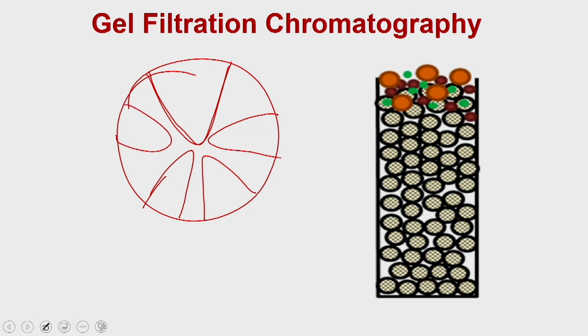Now, what will happen is, while the molecules are flowing on top of these beads, they are going to enter, they are going to replace the buffer that you are filling into these beads, and they are going to fill.